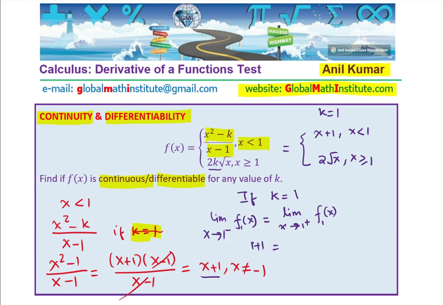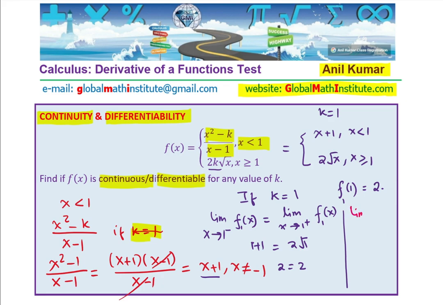And on the right-hand side, I get 2 square root 1. So 2 is equal to 2. So we see that the function is continuous, since both the limits are the same. Now f of 1 for the modified function is also equal to 2. So we have the conditions met.